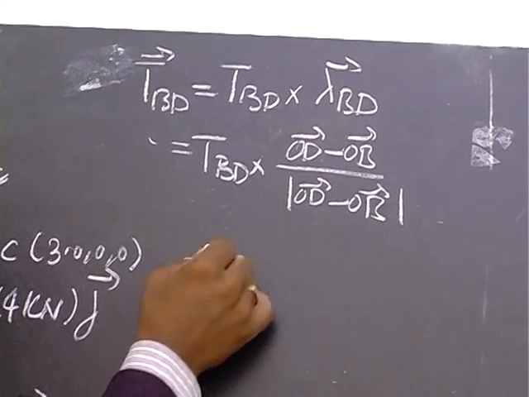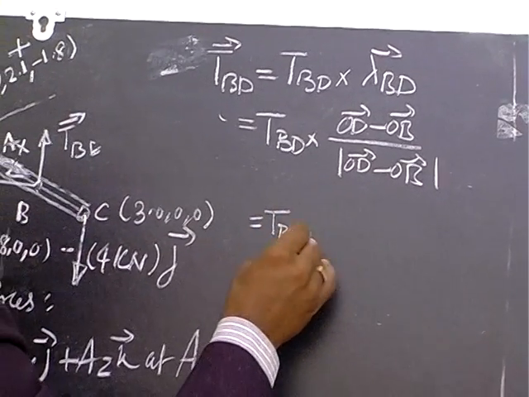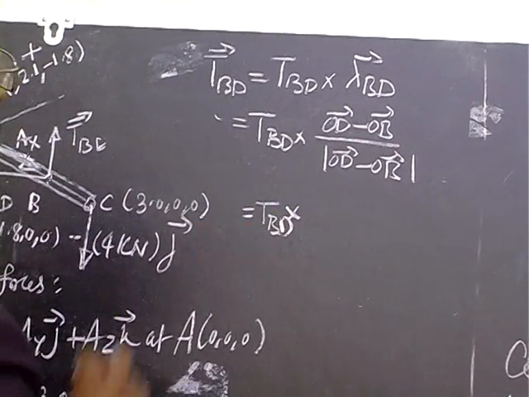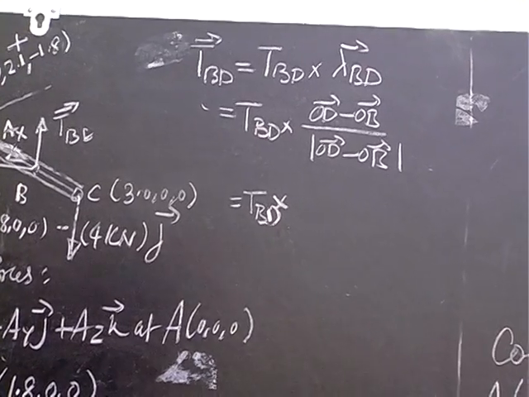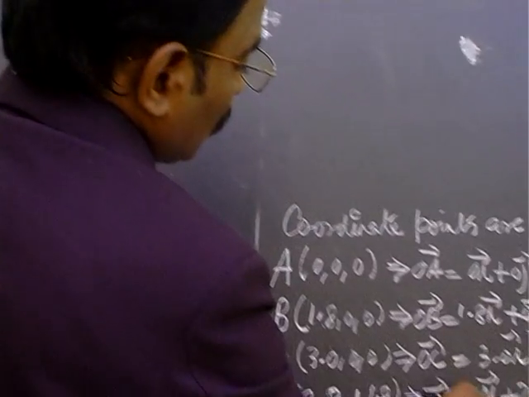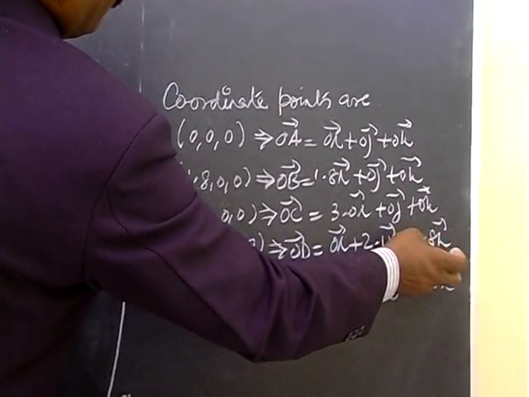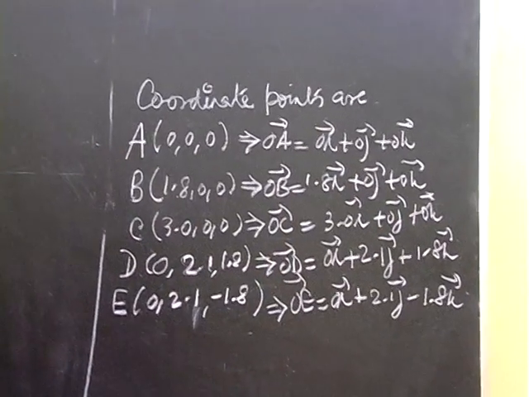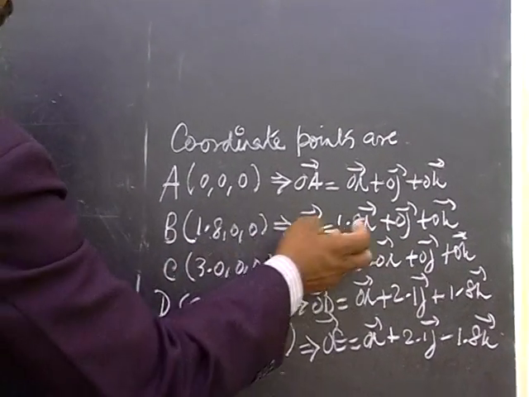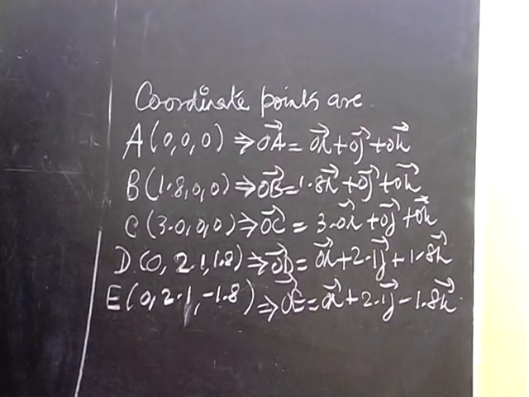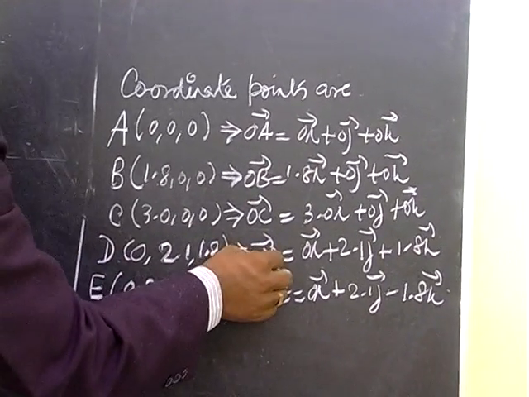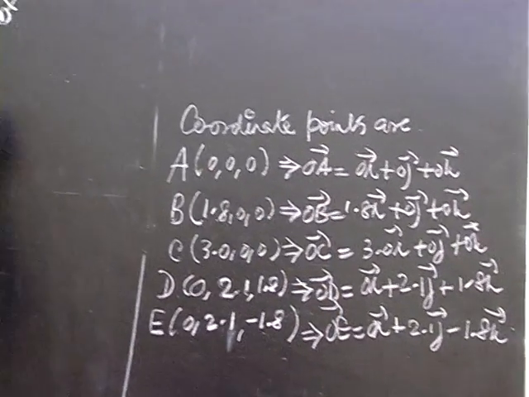So this again, TBD multiplied by OD vector minus OB vector. Here we have OD vector 0i plus 2.1j plus 1.8k and OB vector as 1.8i. So OD vector minus OB vector is this.